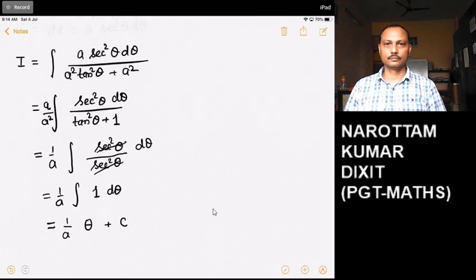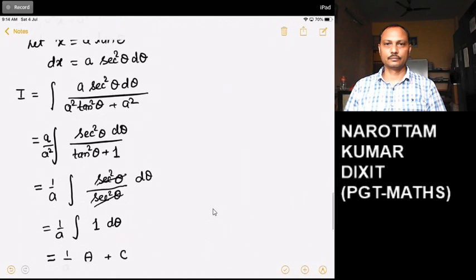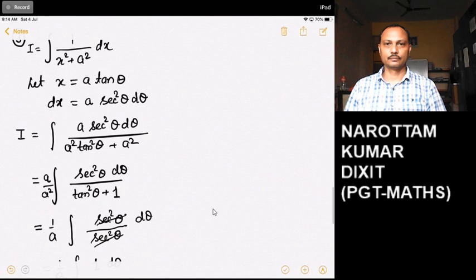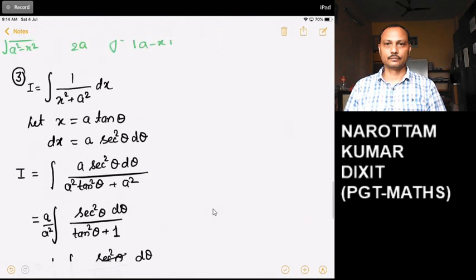Now replace this theta by the original variable, that was x. We have taken x equal to a tan theta, so it implies that tan theta is equal to x upon a. That's why theta is equal to tan inverse x upon a.